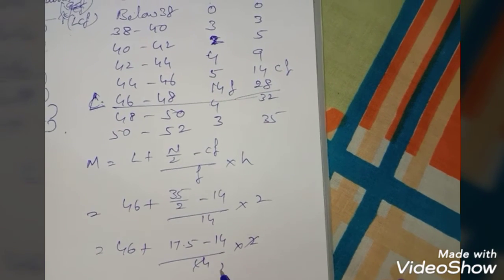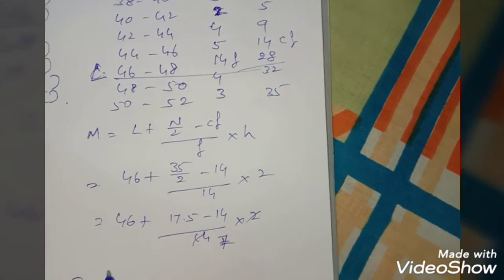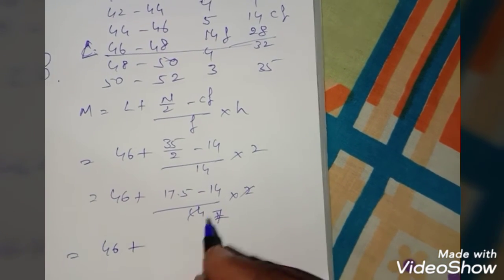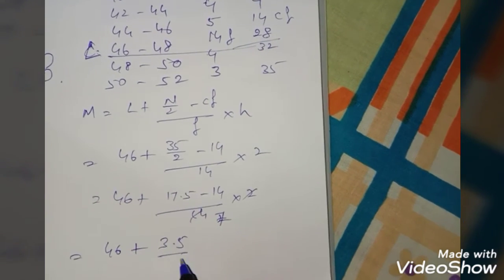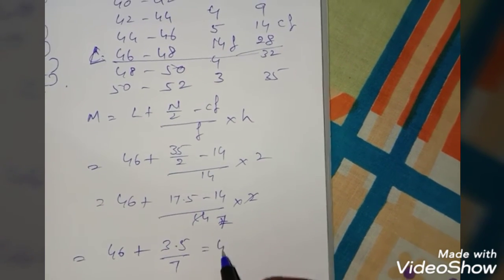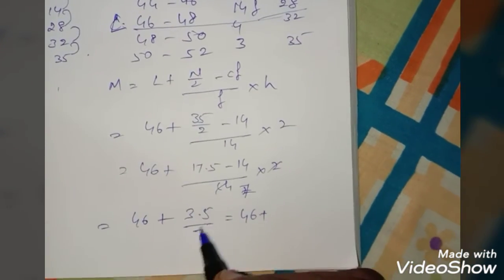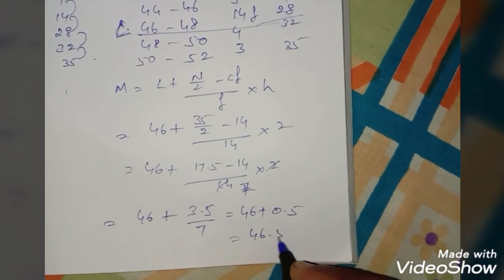Cancel the 2 and you get 7. Now 17.5 minus 14 is 3.5, so 3.5 by 7 is 0.5. Adding, you get 46.5.